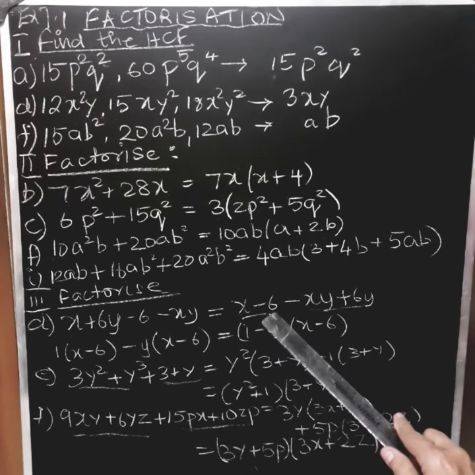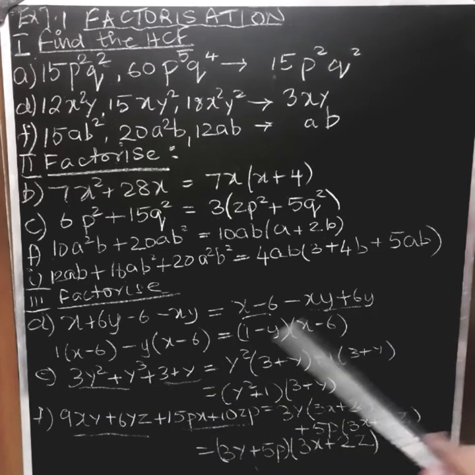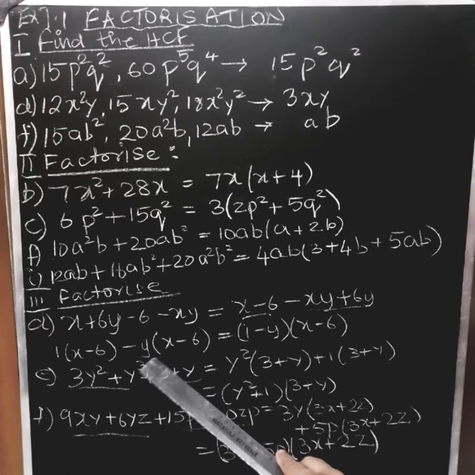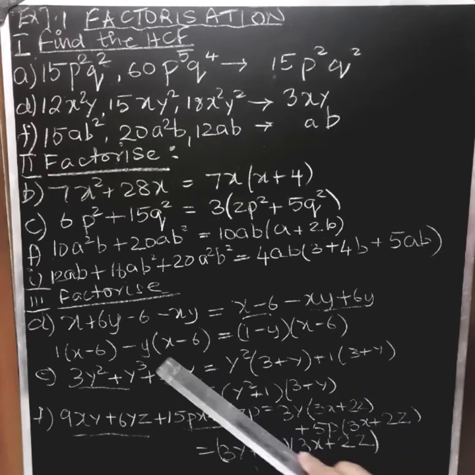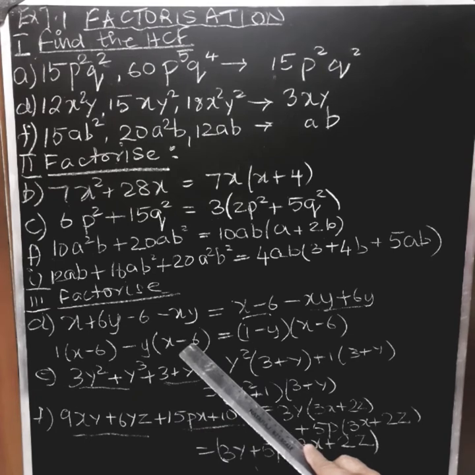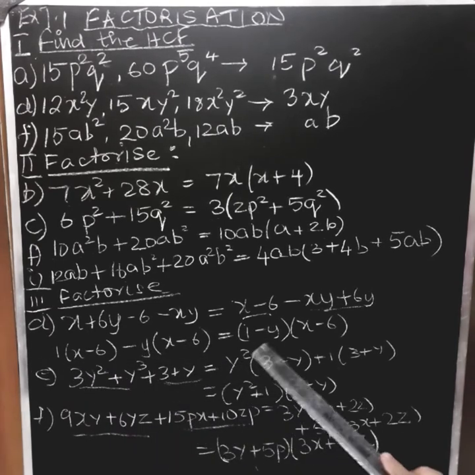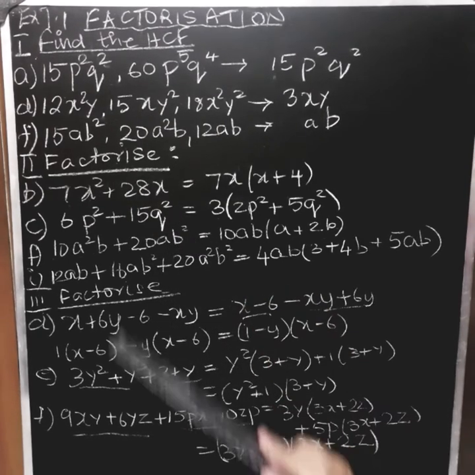So first I took nothing common, so 1. Here in these two, y is the common factor or HCF, then dividing, we got this. Now if you look at this, here x minus 6 is the same. So again in this we take the common factor, 1 minus y, x minus 6. So twice we are doing the factorization step.